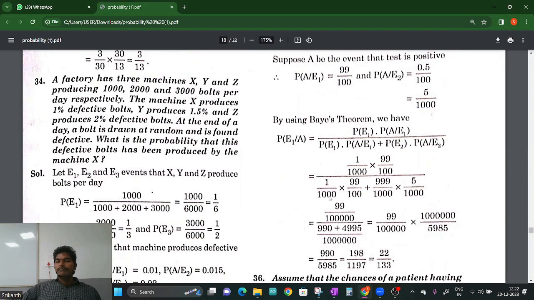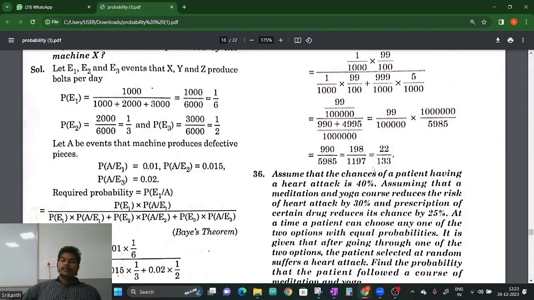So 1 by 1000 is a diseased person, and the test is positive 99%. The test is correct. And P of E2 means he is not having the disease and the test fails. So the numerator will be what we require: he is a diseased person, 1 out of 1000, and the test is showing the same thing, meaning the test report is positive, 99% positive. That means a correct report. So calculate this part, and you will get finally 22 out of 133.